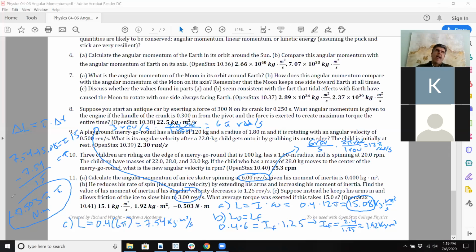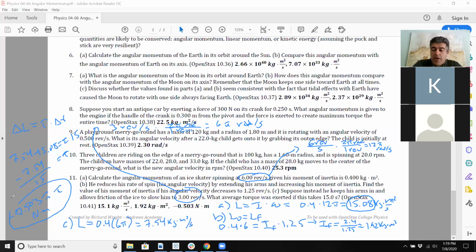Interesting. Let's think about that one. Did you get 25.3? Yeah, I got 25.33 repeating. Let's think about that one for a sec.